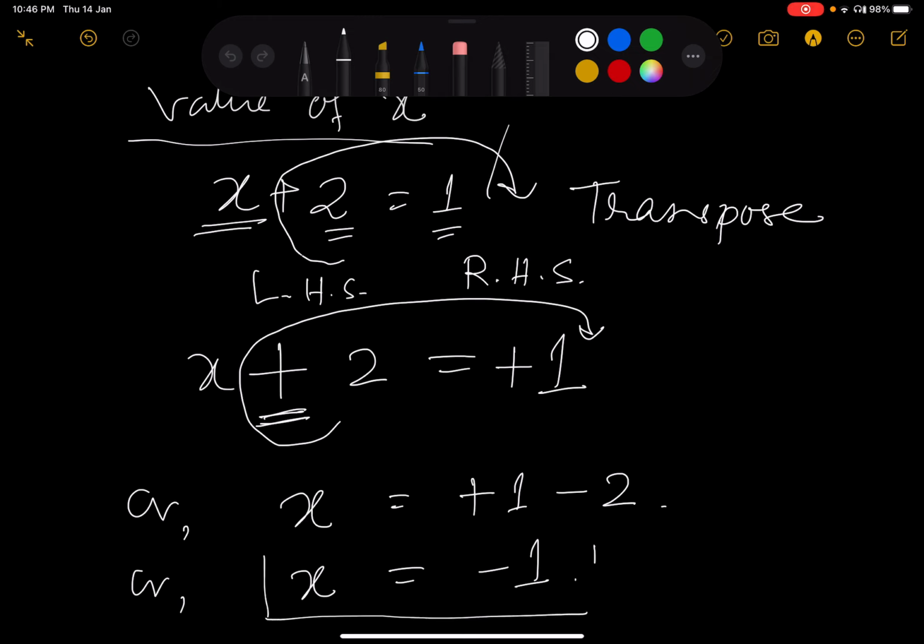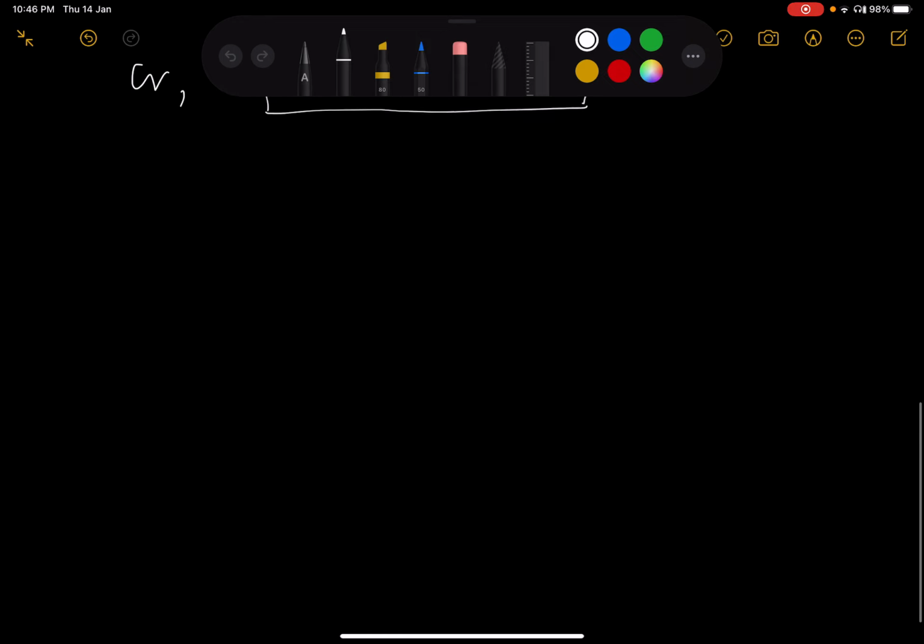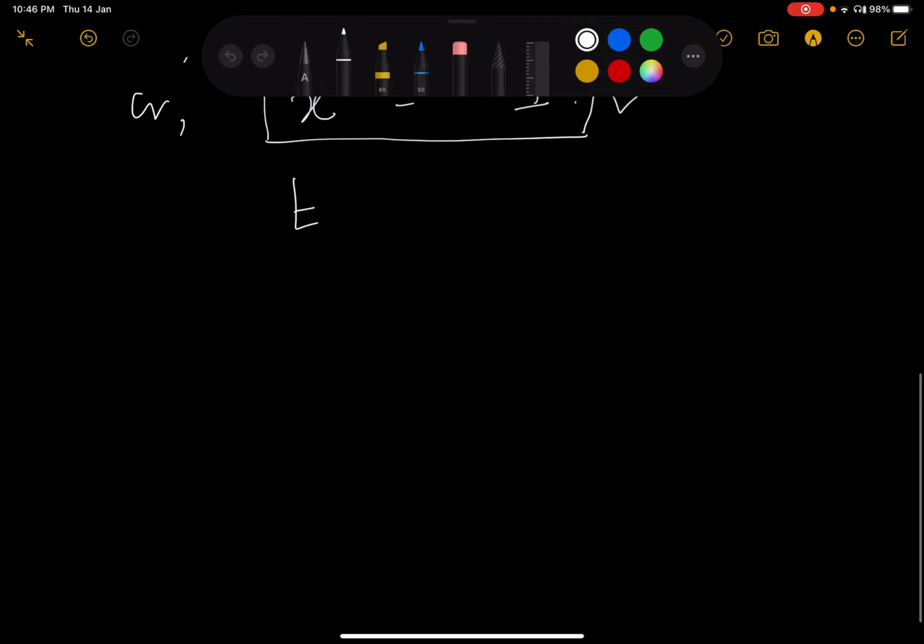So, what is the value of x, or the value of the unknown number? It is minus 1.